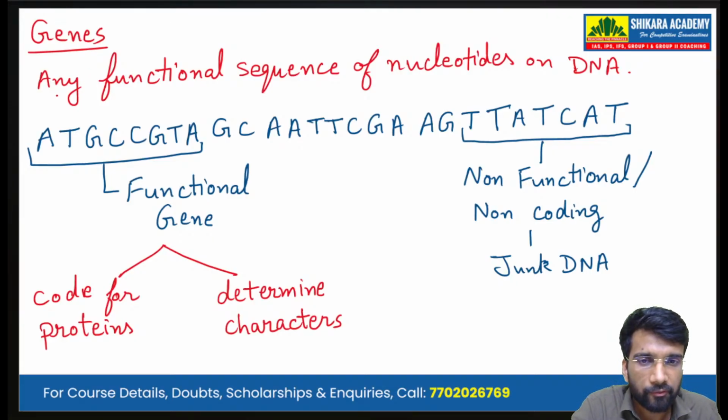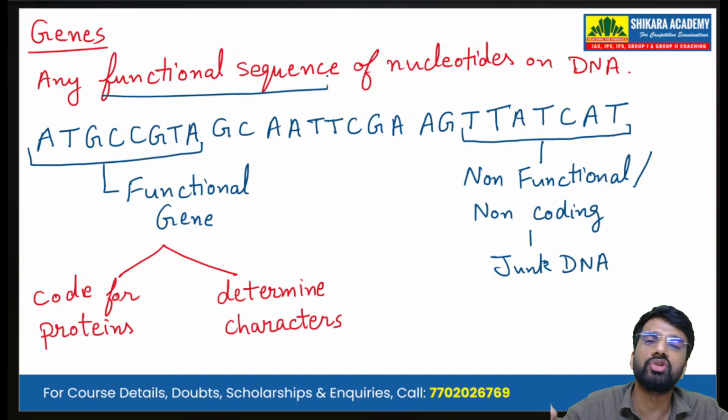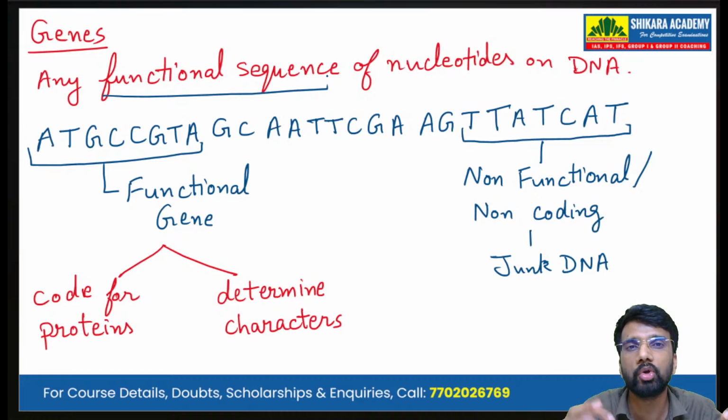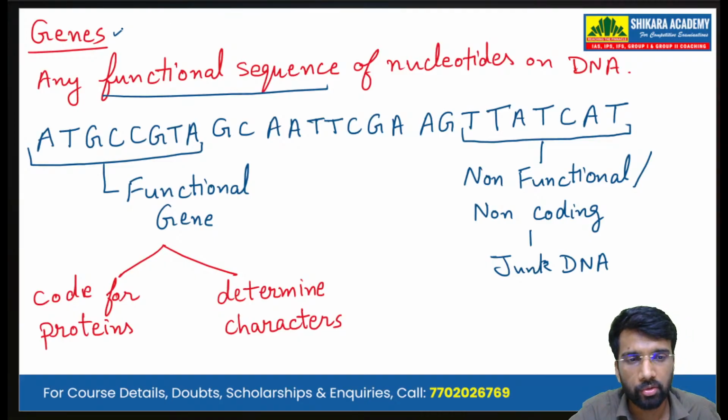So the functional sequences. A DNA is a very long chain; human DNA is more than 3 billion nucleotides long. Any functional sequence of nucleotides on DNA is known as a gene.